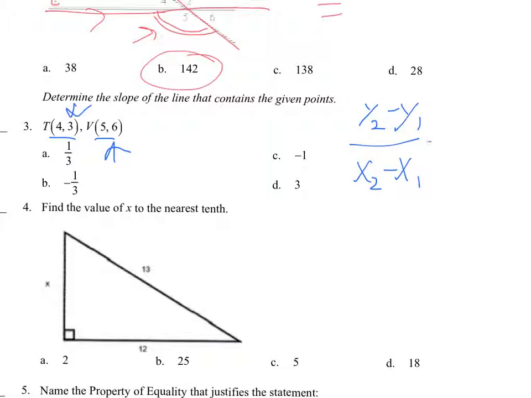So we have 6 minus 3 over 5 minus 4, which ends up being 3 over 1, or just 3. And that's how we find the slope.